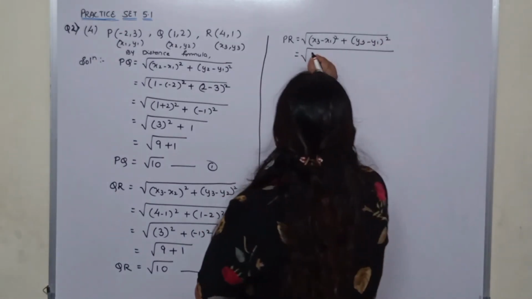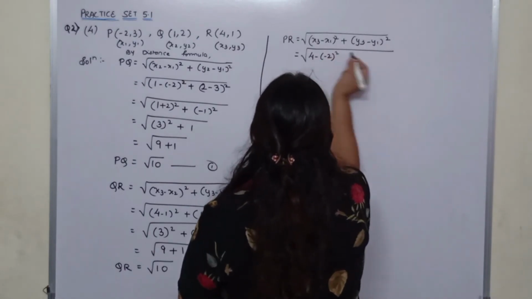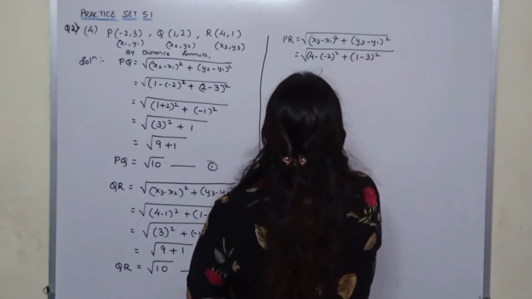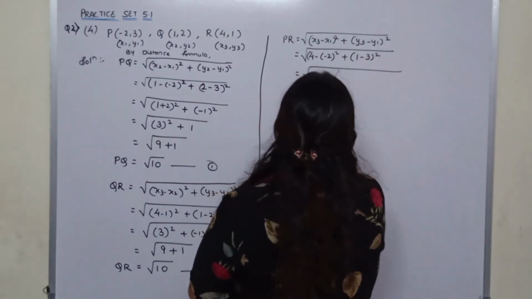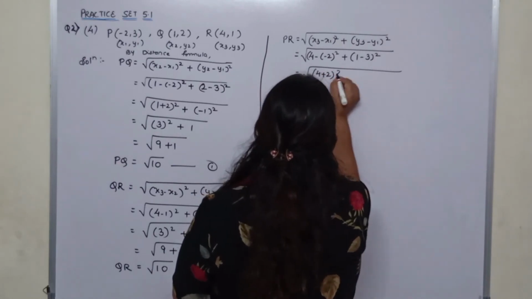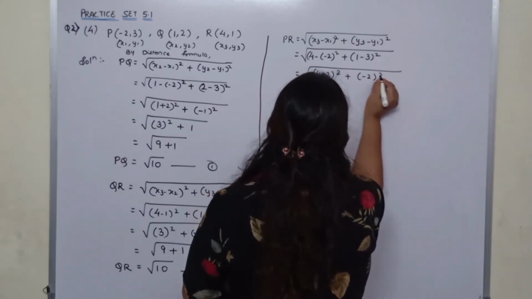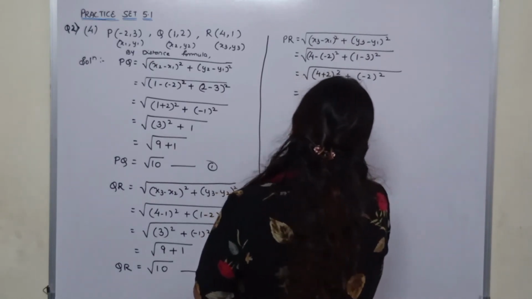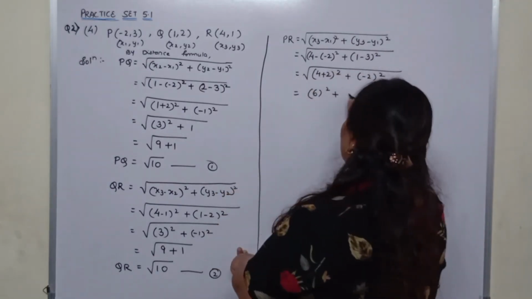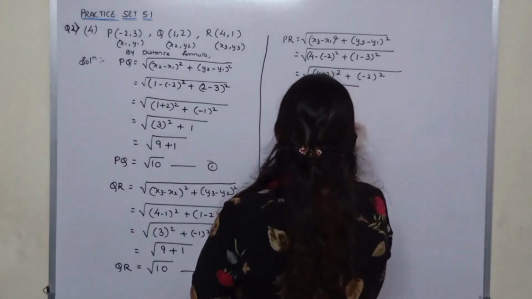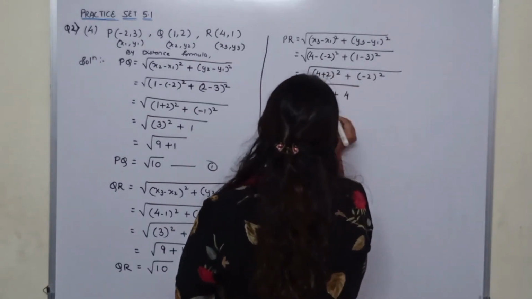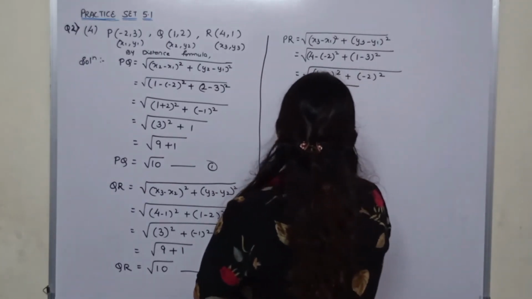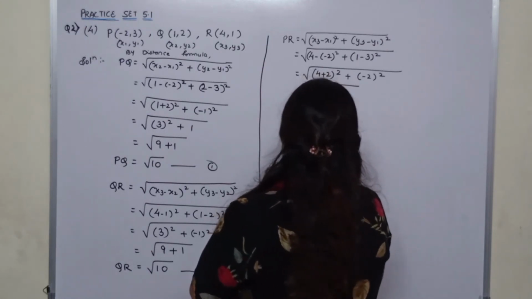So 4 minus minus 2 the whole square plus 1 minus 3 the whole square. 4 plus 2 means 6 the whole square, and minus 2 into minus 2 is 4. 6 6s are 36 plus 4 is 40.